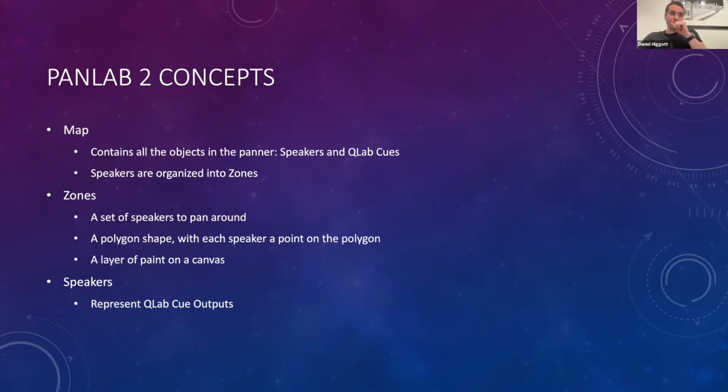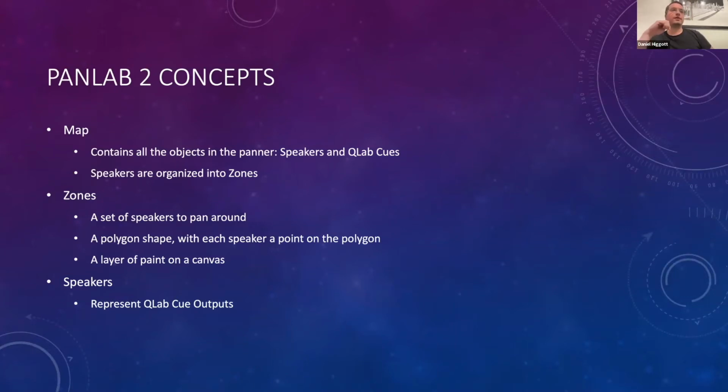You can think of a zone as a set of speakers that you might want to pan a sound around. For example, if you're sitting in an auditorium, you might have a couple of loudspeakers on your proscenium, and then maybe some side and rear surrounds behind you. That set of speakers might logically be a zone, in that you're in a central position and you want to pan sounds around those speakers.